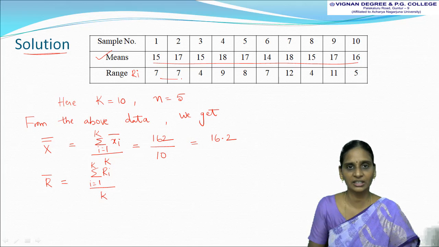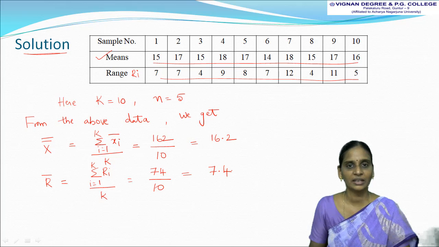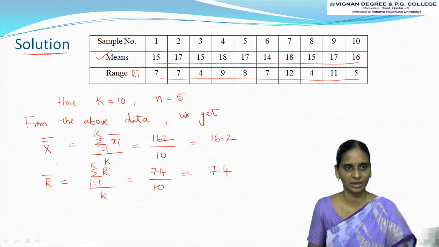Sum of these range values, all values summing together, we get the summation value here 74. 74 divided by the number of samples, here 10. So 74 by 10 we get 7.4. In this slide we have to find out X double bar and R bar. So the X double bar value is 16.2 and R bar value is equal to 7.4.